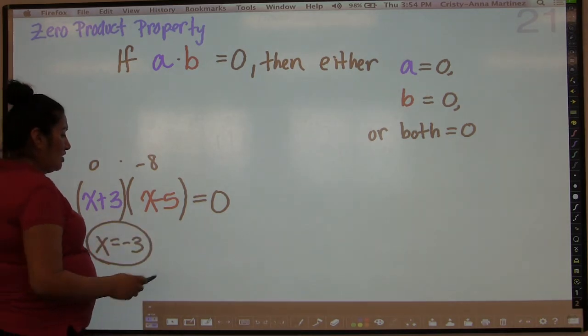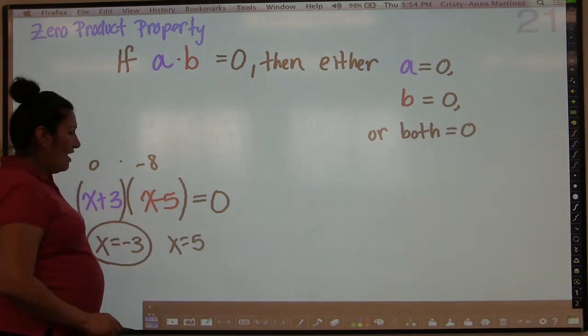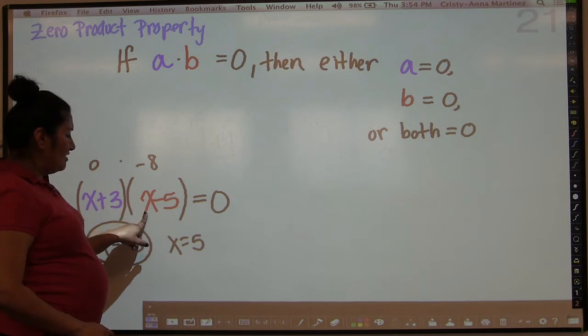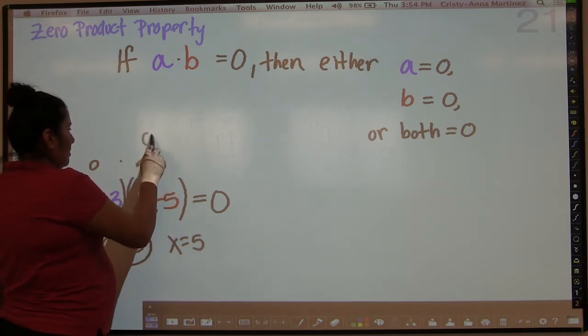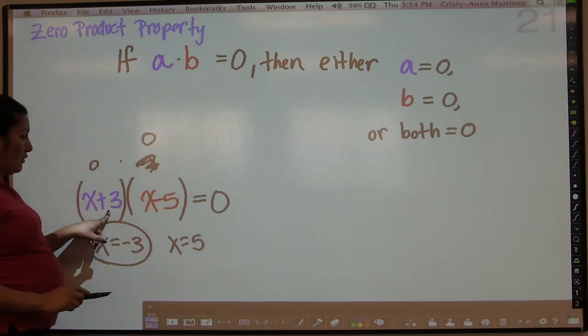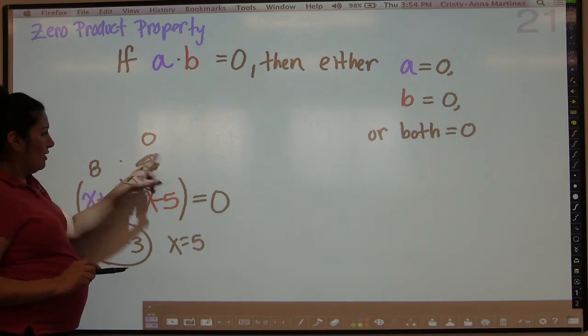In a similar fashion, what if I chose x to be 5? If x equals 5, then in this factor, 5 minus 5 would be 0. In this factor, 5 plus 3 is not 0. 5 plus 3 is 8. But again, 8 times 0 is 0.